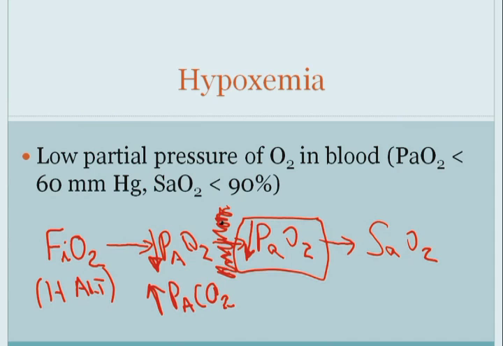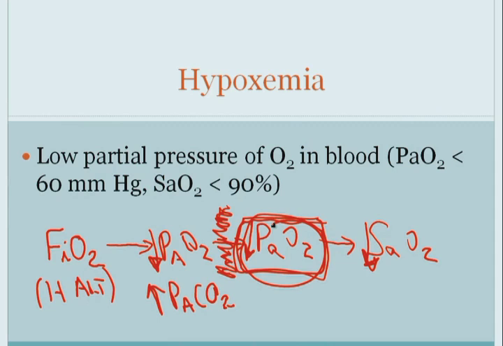So again, I think if you understand the general idea here, it gives you a very good grasp on what we mean by hypoxemia. Now, obviously, anytime the PaO2 here goes down, that's also going to decrease the SaO2, because this is the pressure that actually was creating the SaO2. And you can review your oxygen dissociation curves, and you'll see that to be true as well if you were to correlate these numbers on the oxygen dissociation curve.